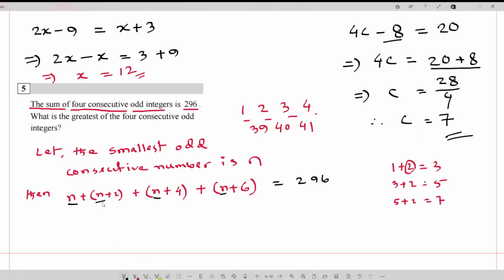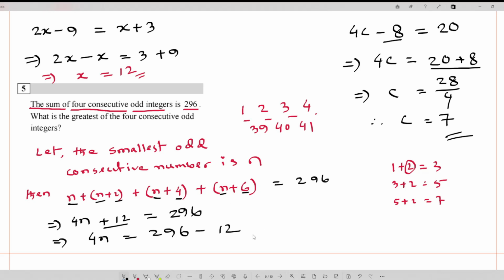Here is 4n, then plus 6 plus 4 is 10, 10 plus 2 is 12, equals 296. Then 4n equals 296 minus 12.